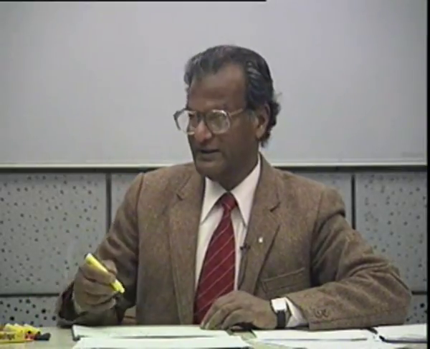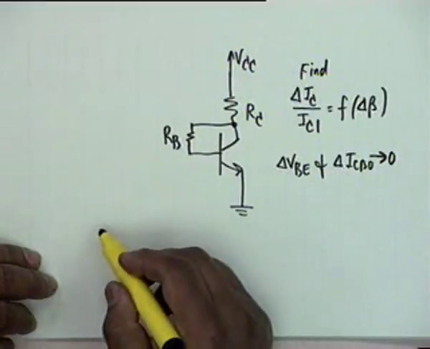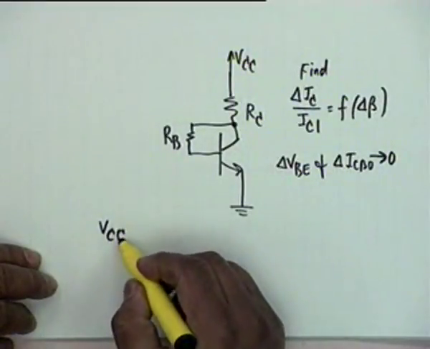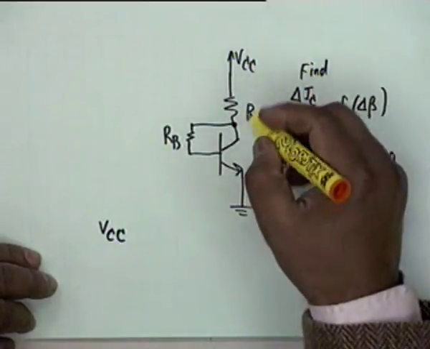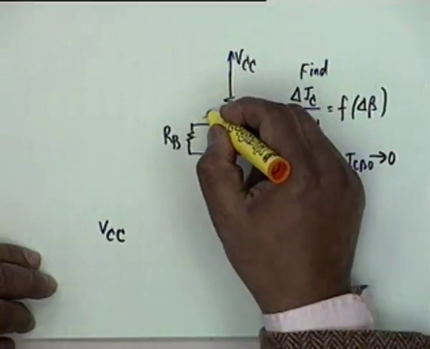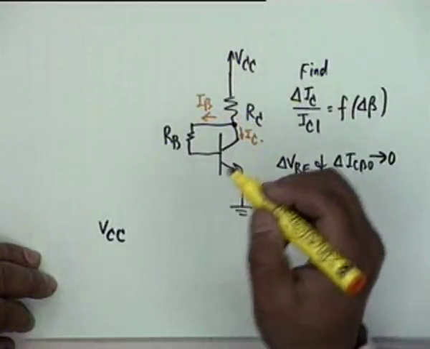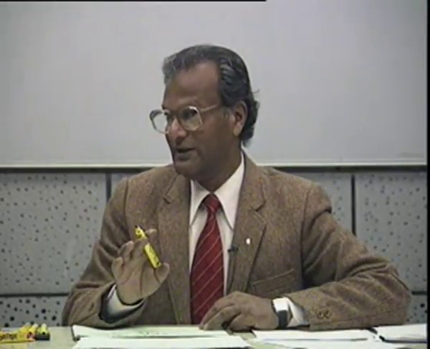To determine delta IC by IC1, you write the equation for VCC. If this current is I sub C and this current is I sub B, now you can't make IC equal to beta IB and things like that, because ICBO comes into the picture.